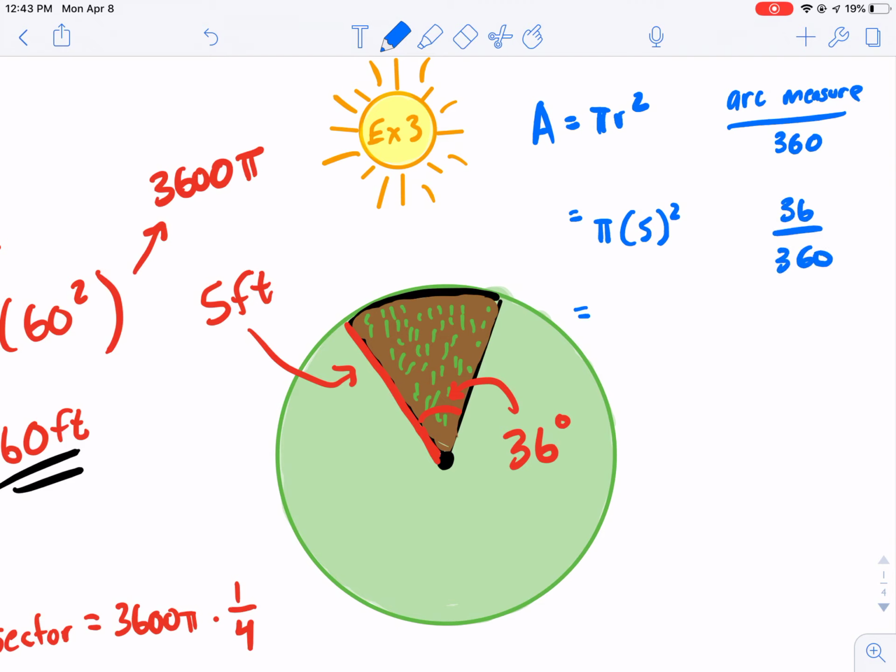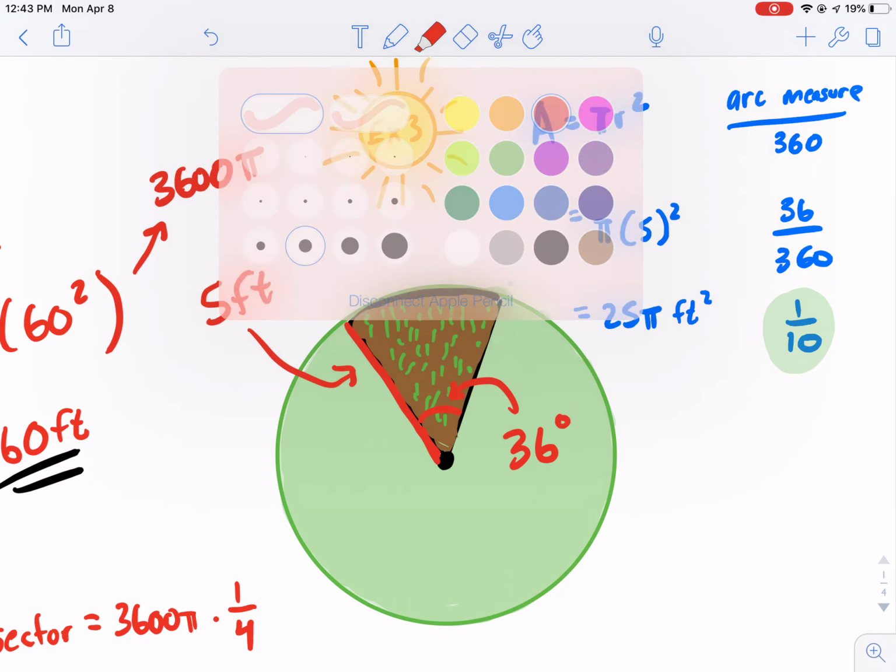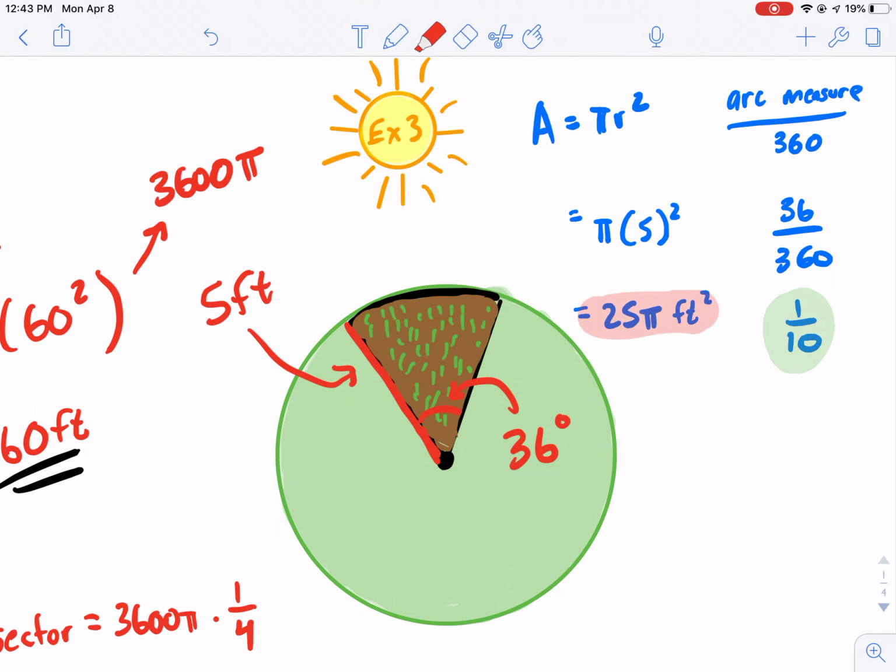Let's do the left first. We get 25 pi, and the units are feet squared. Then 36 divided by 360 is 1 over 10. So we're talking about 1/10 of the whole circle area, which is 25 pi feet squared.